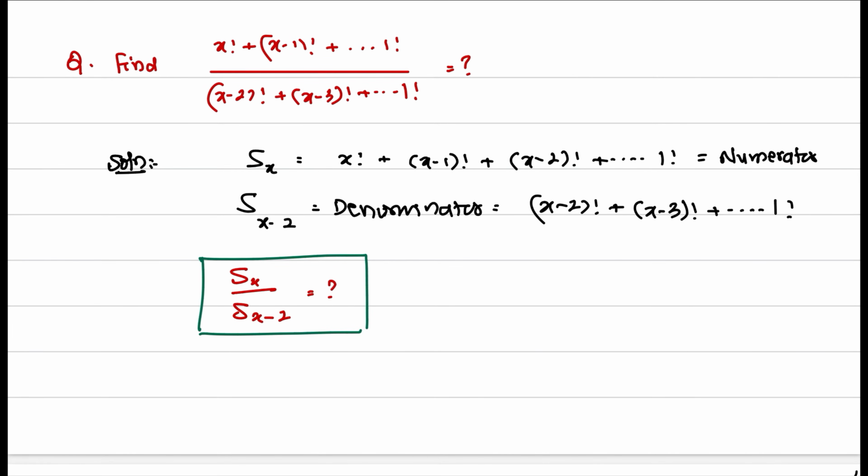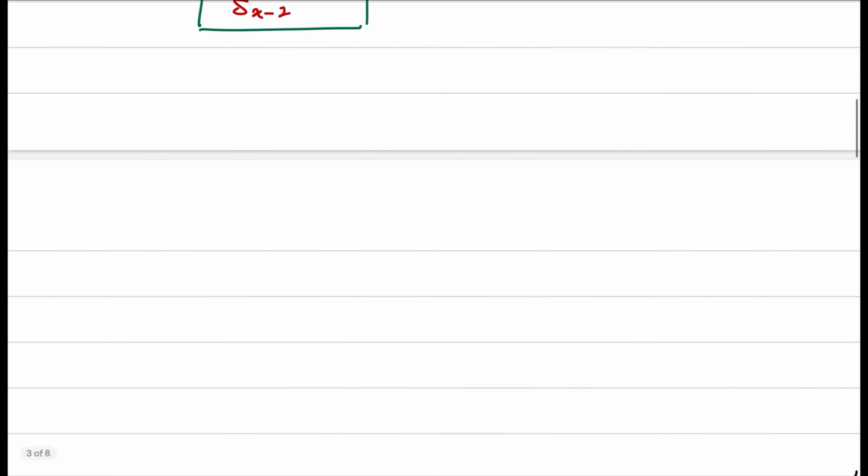Now, we have to simplify the given expression so that we will get a reasonably simplified answer for the given question.